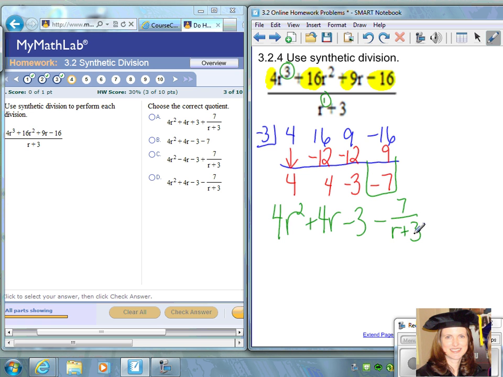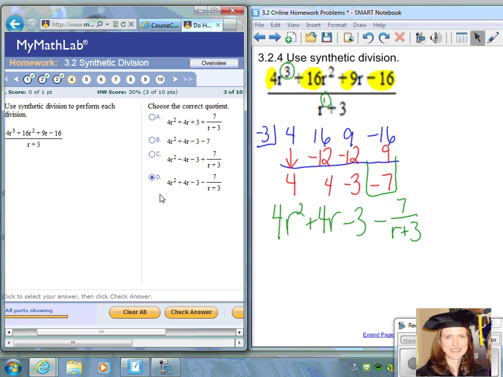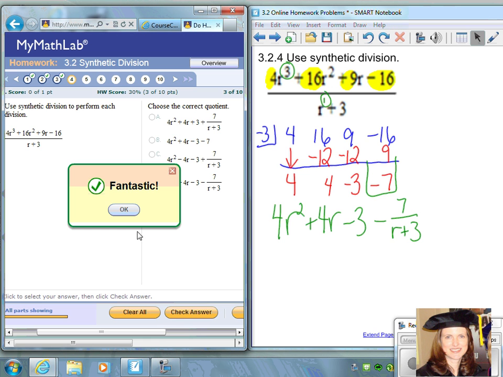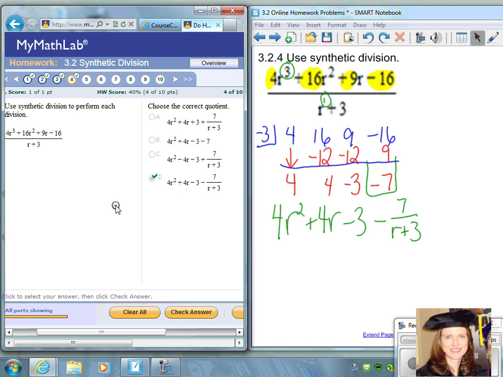So we have 4r squared plus 4r minus 3 minus 7 over r plus 3. Okay, it looks like choice D is the correct answer for mine.